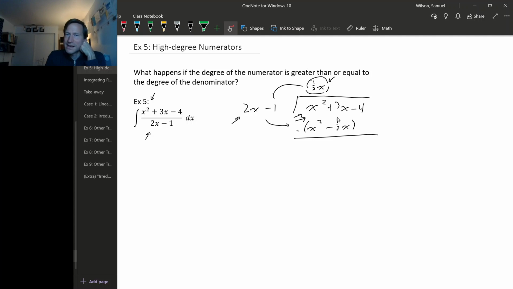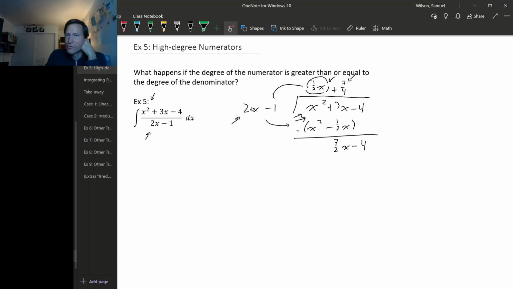And then 3x minus negative 1/2 x, that's 3x plus 1/2 x, that's 7/2 x, and minus 4. And now we need to choose something up here so that this 7/2 x is going to cancel, and I think we're going to need plus 7/4.